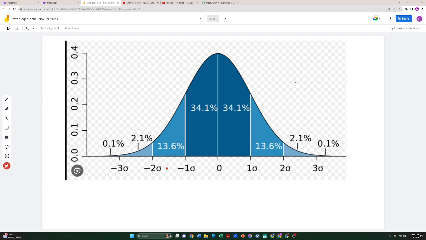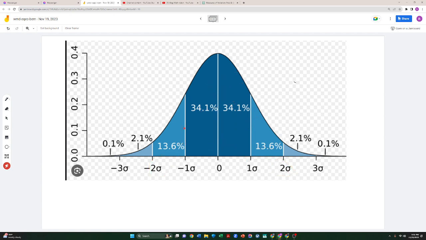Then within two standard deviations, the data covers about 13.6% on each side of the mean, and 34 plus 13.6% plus 13.6%, totaling 95%. This is the two standard deviations.